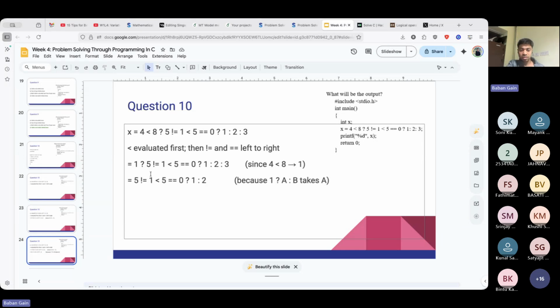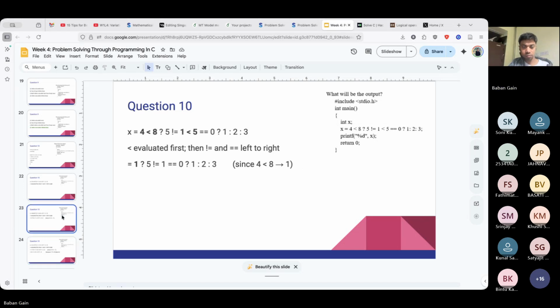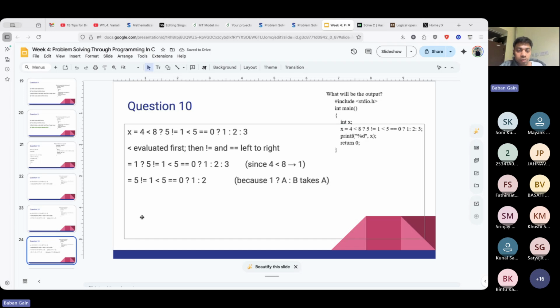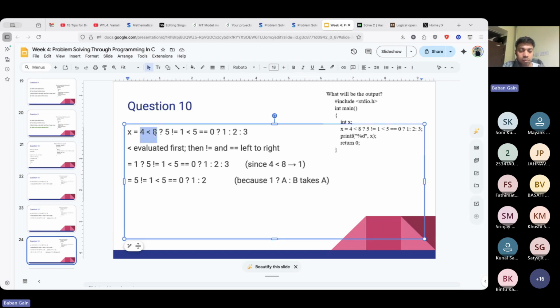Okay, so in this case, let me delete this one. Basically, this has the highest priority right now. So for 4 less than 8, it will become 1. Then this will also become 1 less than 5.